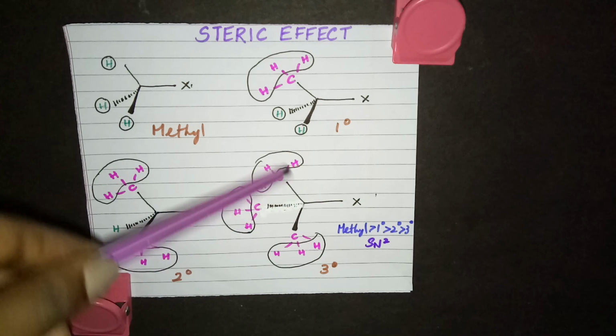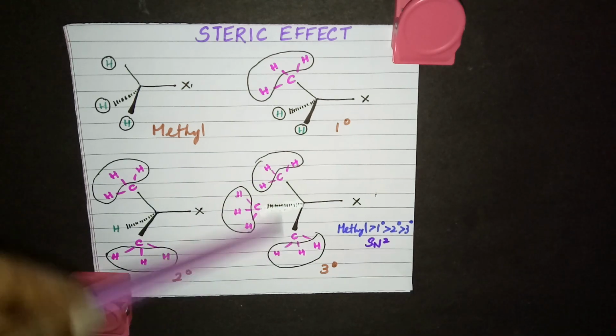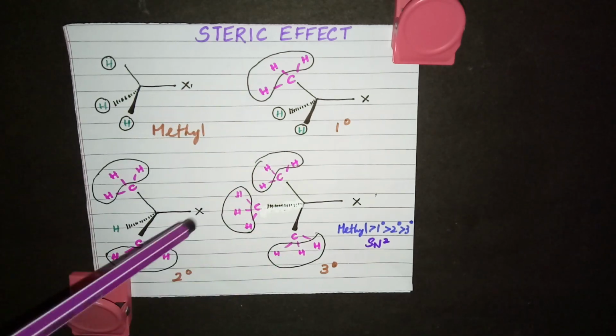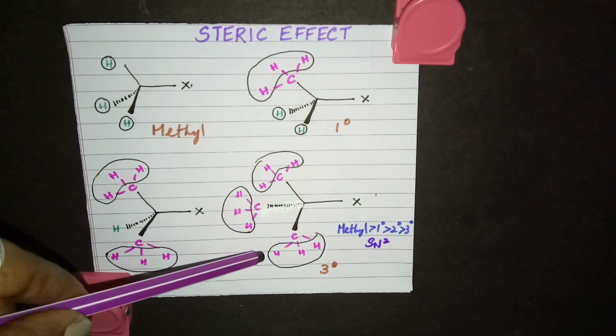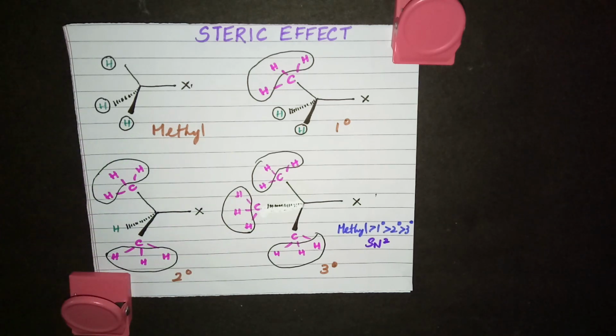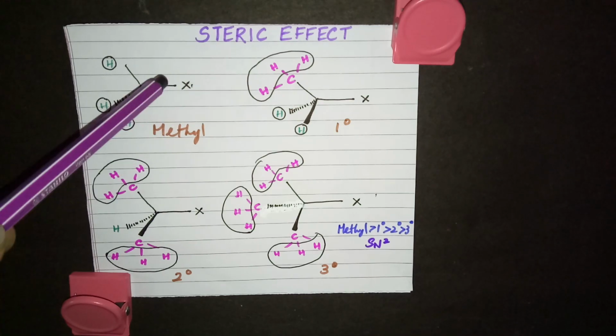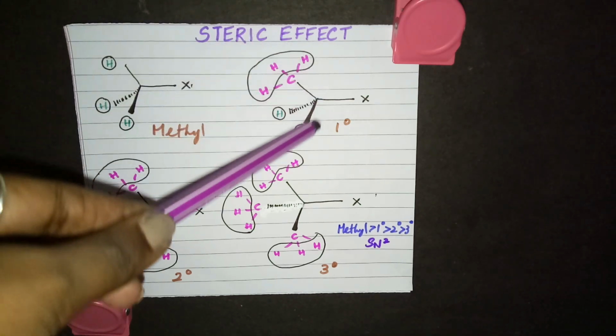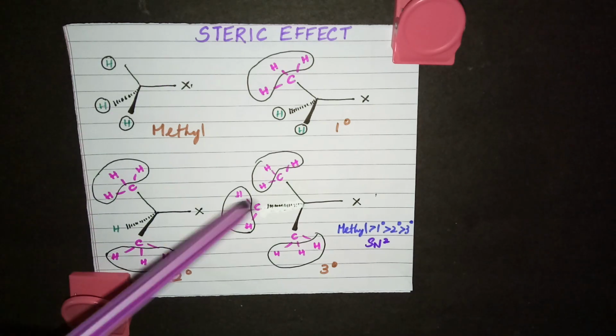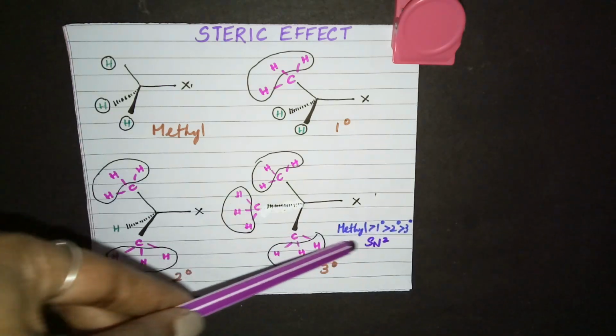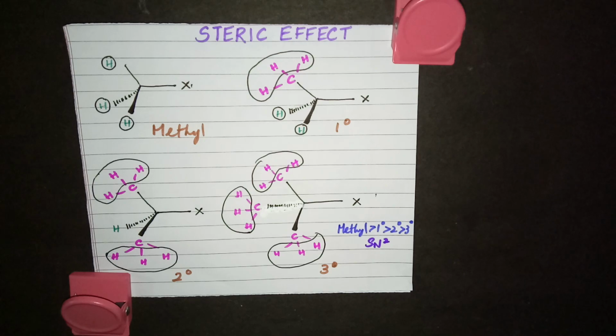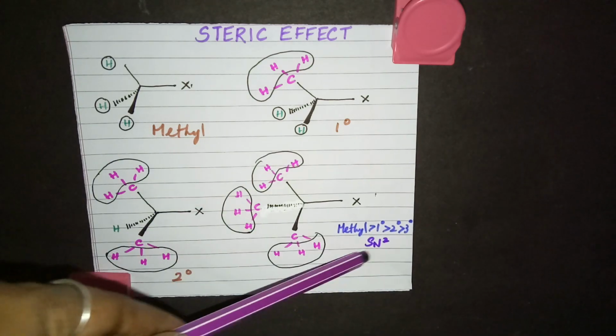And coming to tertiary, obviously three bulky groups are there, so again they offer steric effect and the nucleophilic attack will be hindered. So which one will undergo the SN2 mechanism faster? This one. Methyl will undergo faster, then primary halide, then secondary, and then tertiary. So this is the reactivity order of different halides in the SN2 mechanism.